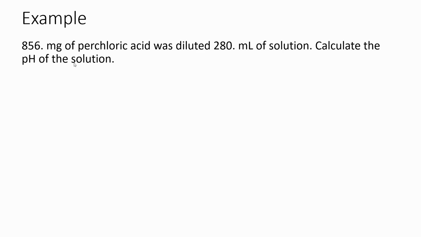How would we find the molar mass of perchloric acid? No one remembers? Yeah. Good, good. I'll add all the molar masses for the elements. So we have hydrogen, which is about 1. We have chlorine, which is about 34.5.